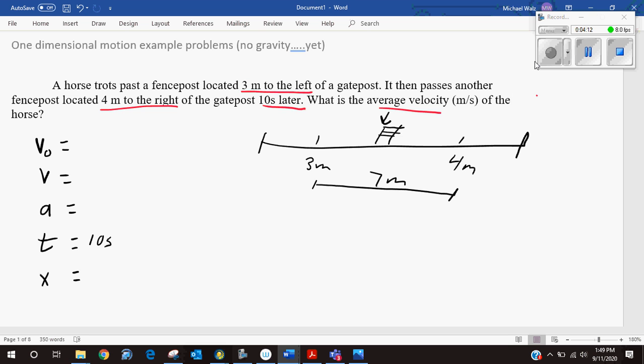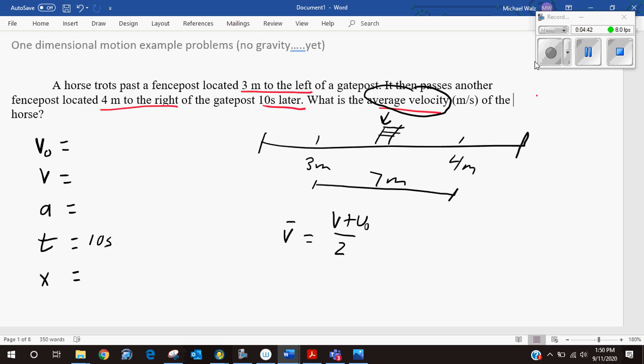Average velocity. Now, do you see average velocity anywhere in here? No. After this first couple sections, average velocity won't be something that you are asked to calculate much. But that first formula that I showed you on the other page was average velocity is, I said, v plus v sub naught divided by 2.